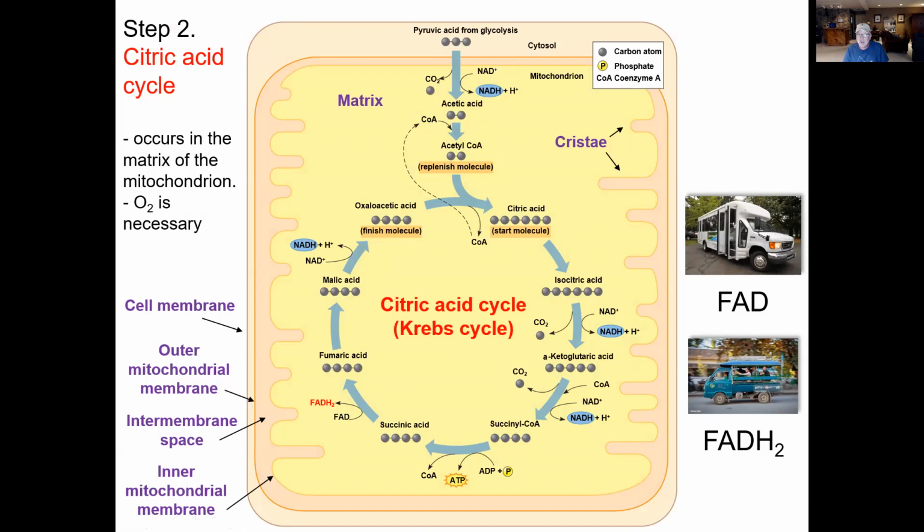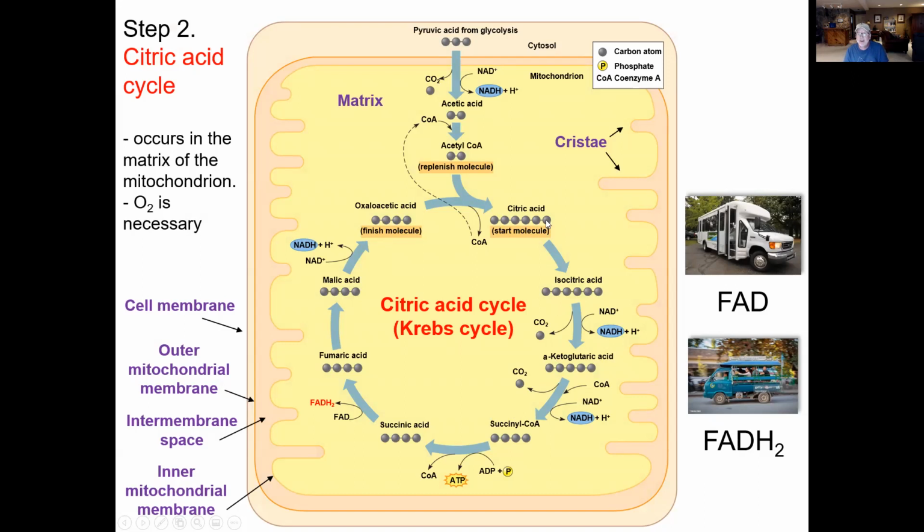And when you add 2 carbons to 4 carbons, what do you get? 2 plus 4 is 6. This is a 6-carbon molecule called citric acid. Again, that's where this gets its name. It's the first compound made in the citric acid cycle.